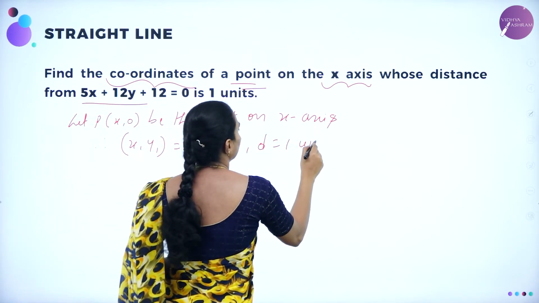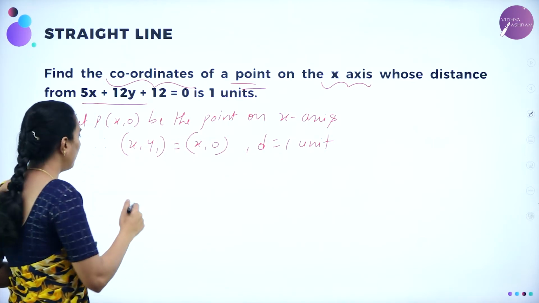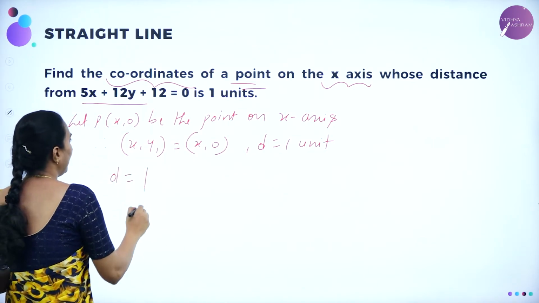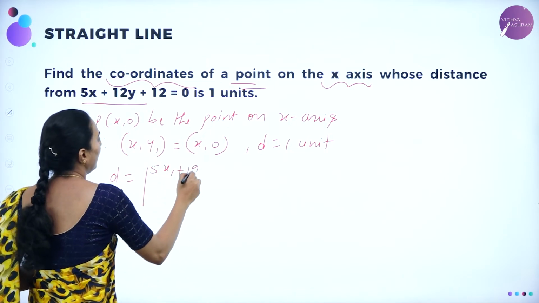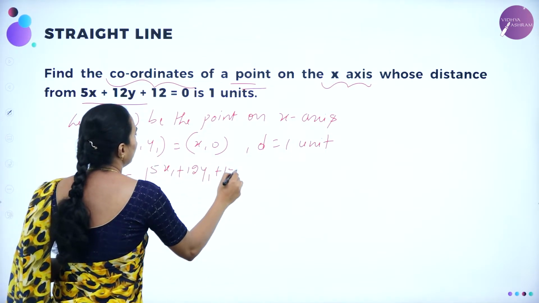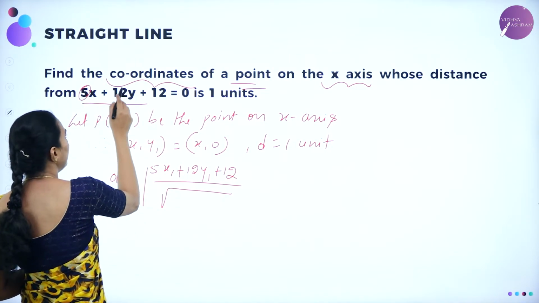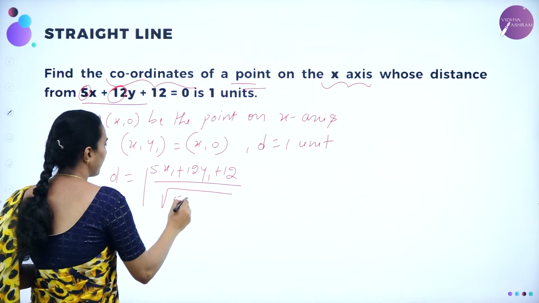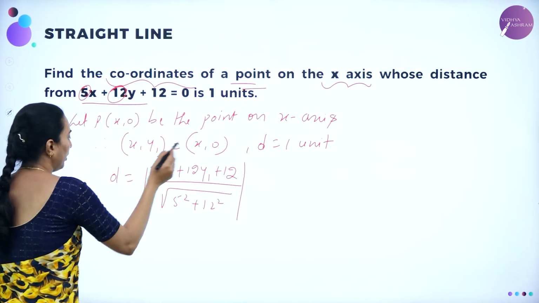1 unit. So the perpendicular distance from a point to a line formula: d is equal to ax1, which is 5x1, plus 12y1 plus 12, divided by square root of a squared plus b squared, where a value is 5 and b value is 12, so 5 squared plus 12 squared. So d they have given already as 1 unit.